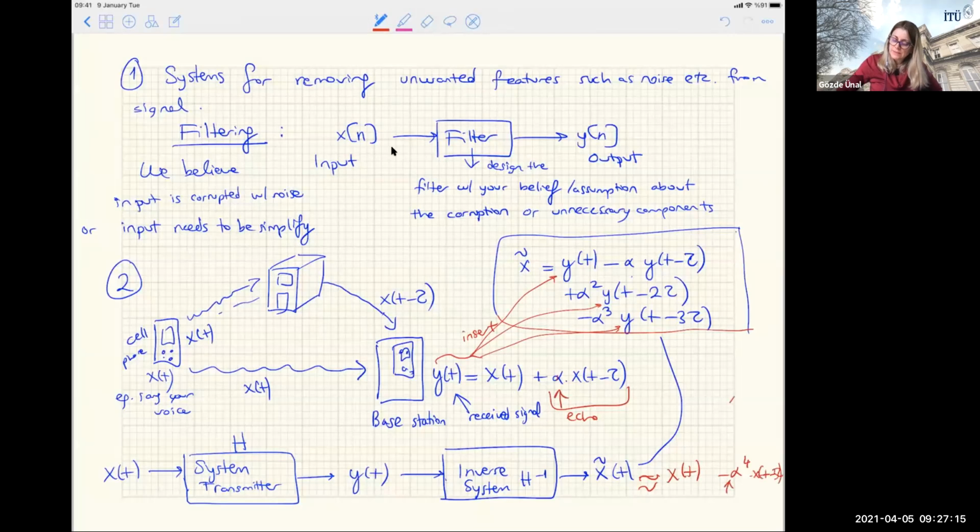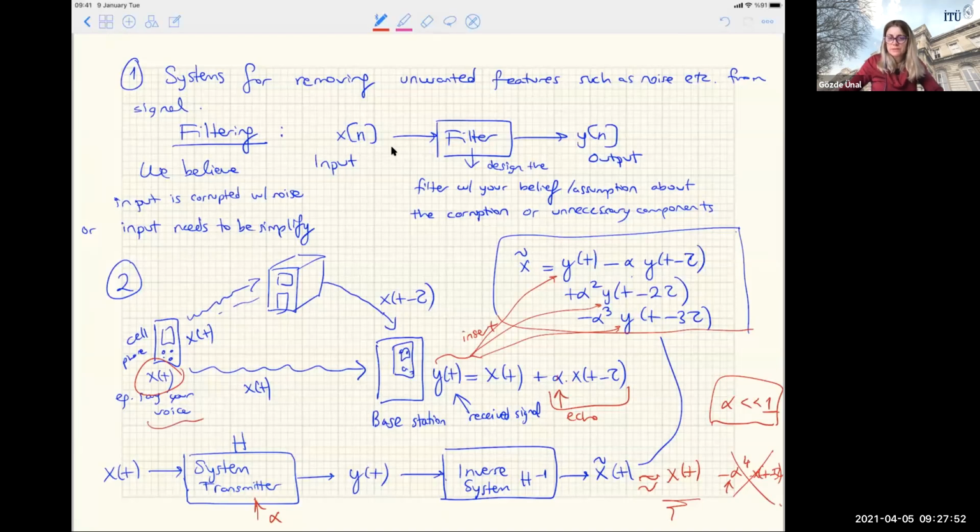This is if alpha is much smaller than 1 in your parameter set. This part can be ignored, and you recover the original signal. That was the goal. That's what you transmitted, say your voice or music you are sending to your friend, and the goal is to recover the same thing with an imperceptible error on the other end.